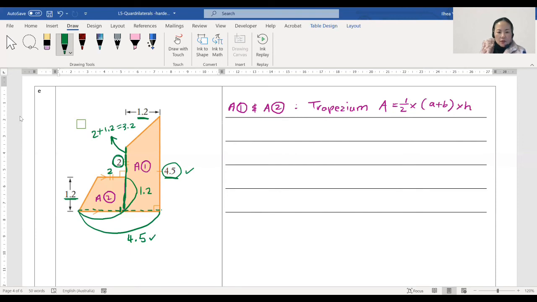And we know that this is 1.2, isn't it? This part, because that's what the 1.2 is. So the measurement for this is 4.5 take away 1.2. That would be 3.3. Okay, so I think I've got everything I need.